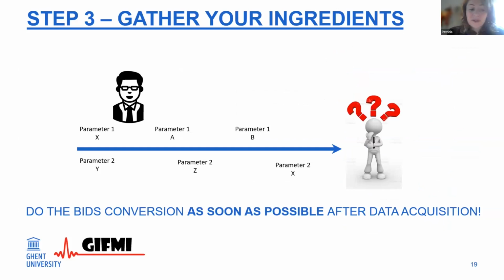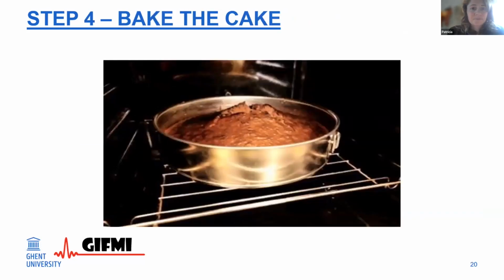And well, guess what? We got stuck because we don't have all the data acquisition information anymore. In the meantime, the scanner got upgraded, the parameters and the protocols were changed, so we cannot retrieve it anymore. And then difficulties start. So try to convert your data set into BIDS format as soon as possible to be sure that all necessary information is stored together and is safe.